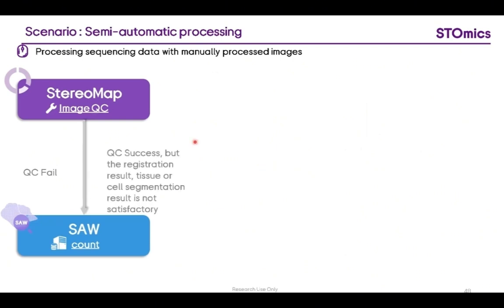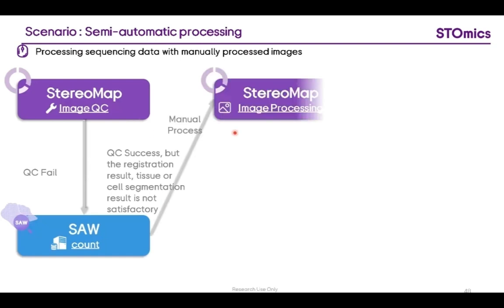The third one involves images that fail quality control or where automatic image processing for SAW count is not good enough. In this case, use the image processing module in StereoMap for manual adjustment.